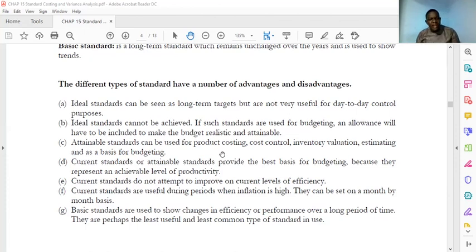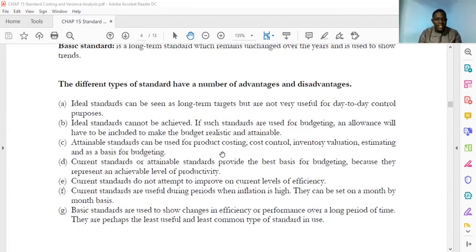Okay, good. Current standards or attainable standards provide the best basis for budgeting. Okay, because they represent an achievable level of what? Productivity. Now, current standards do not attempt to improve on current levels of what?